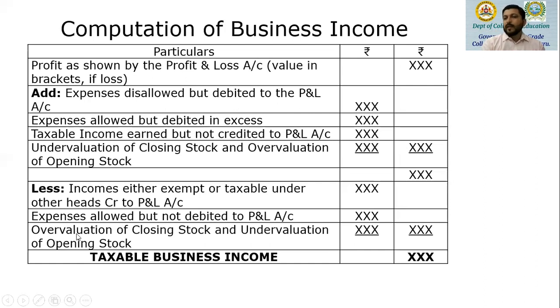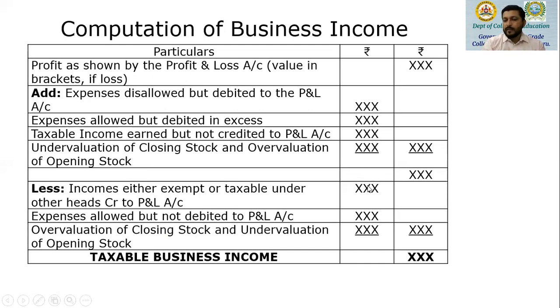And finally, last item which has to be deducted is the reverse of this, overvaluation of closing stock. When you overvalue closing stock, profit increases. When you undervalue opening stock, the profit increases. So if in the problem there is a mention of overvaluation of closing stock and undervaluation of opening stock, then such values must be deducted.